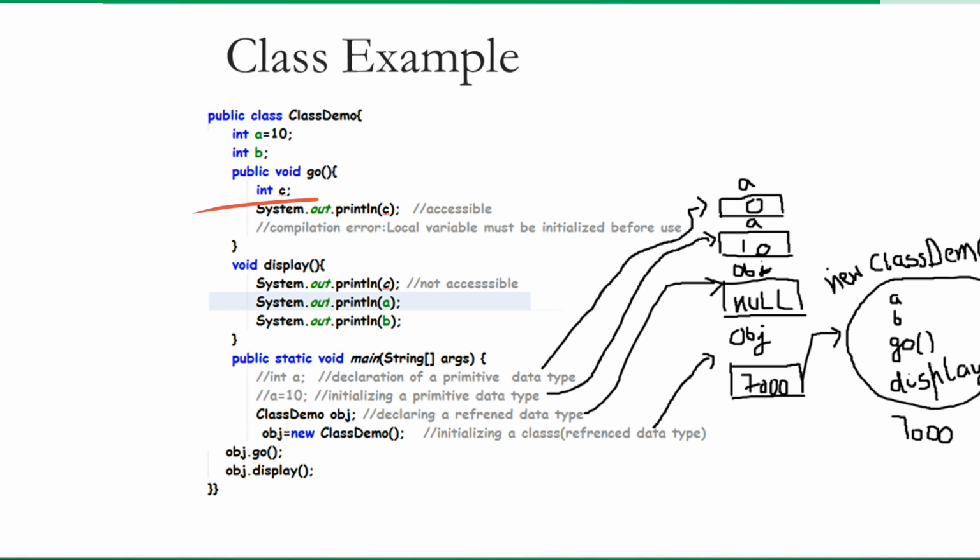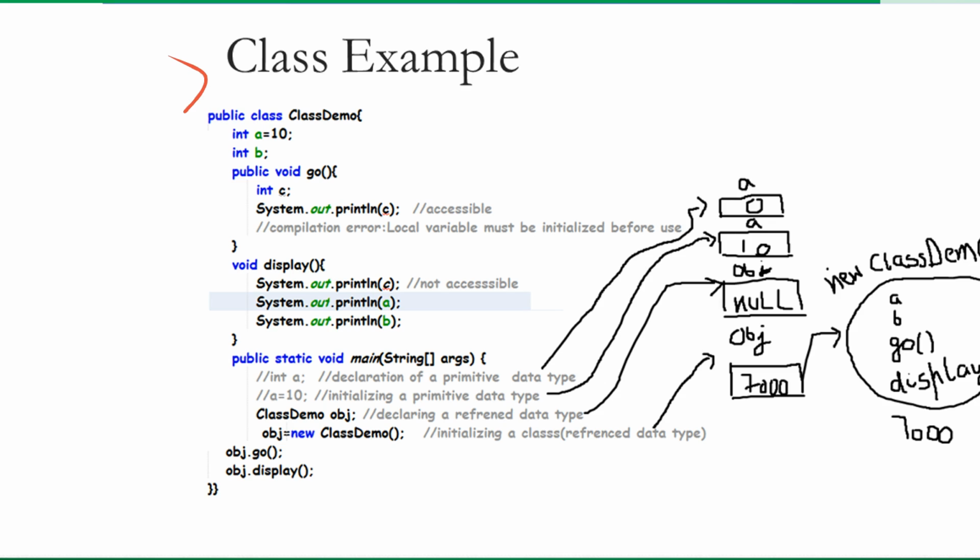Now under this method I have declared a variable int c. Now there is a difference between int a and b and int c. Actually a and b are global variables and int c is a local variable. When I am talking about global, I mean global inside a class. In Java we cannot declare or define anything outside a class.